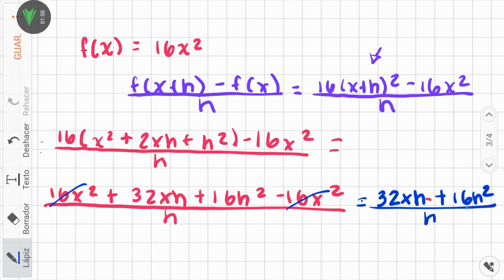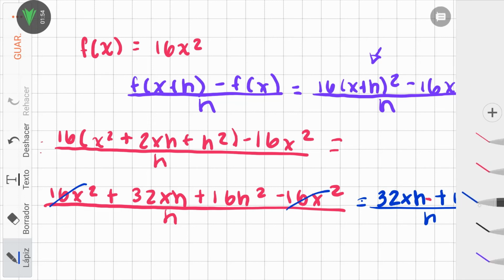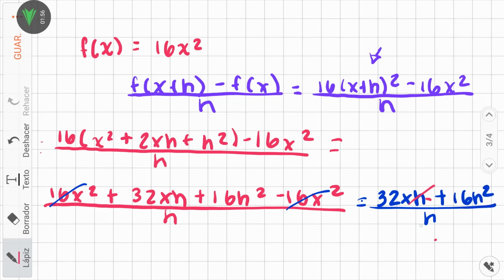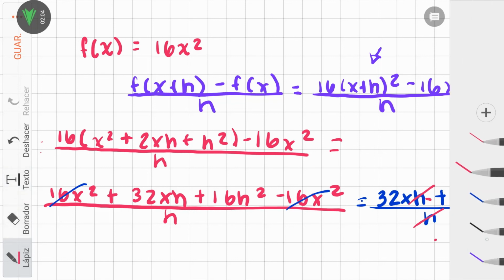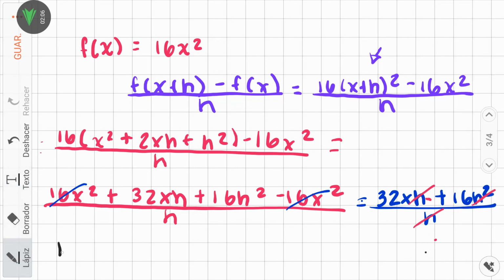Notice how every monomial in my numerator has an h. So I can cancel out those h's in here. Here I'll reduce this h exponent to 1, and then I'll be left off with something like this. And here I'm gonna add my limit as h approaches 0, of 32x plus 16h.